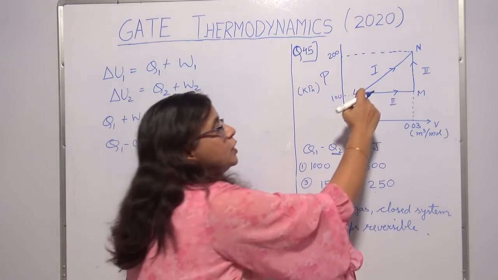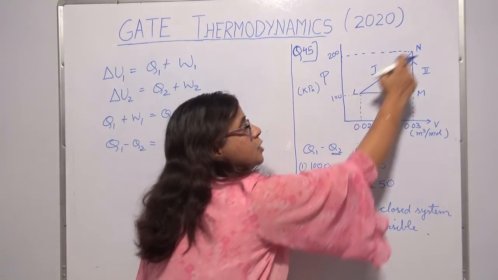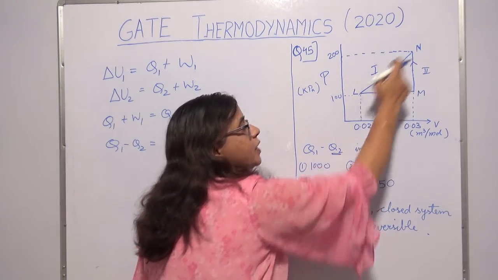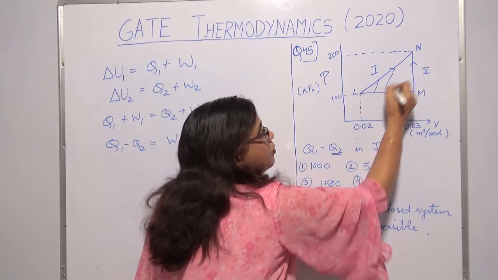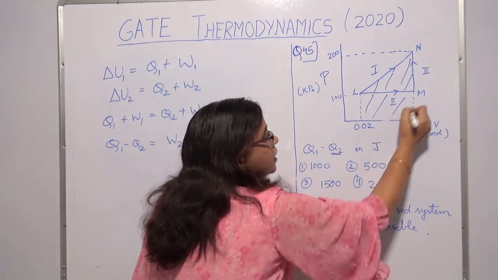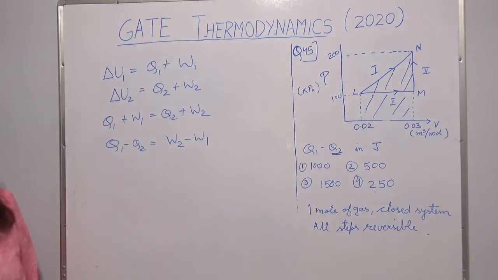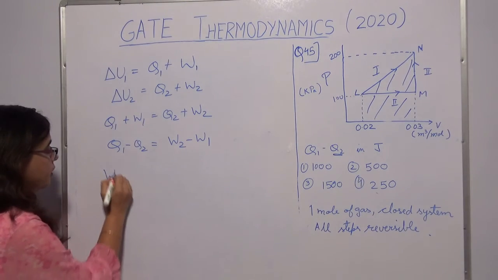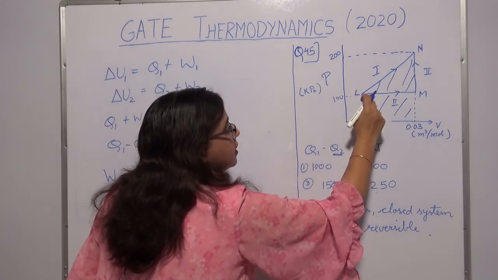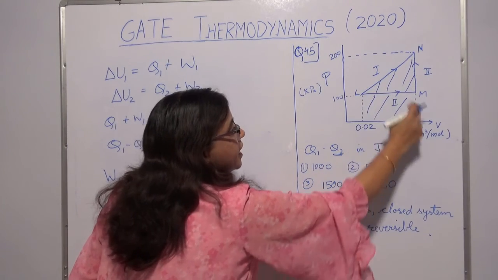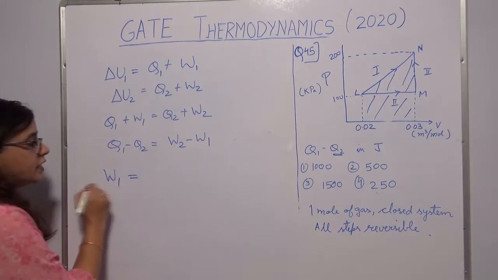The work done when the system goes from L to N will be the area under this total portion. So W1 will be the area of this triangle plus the area of this rectangle.